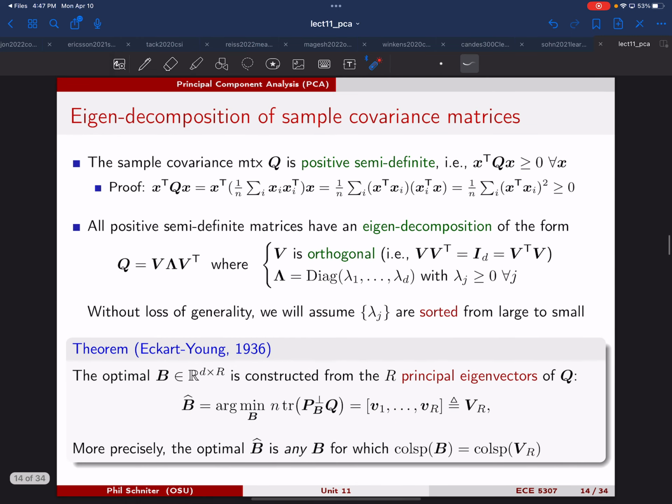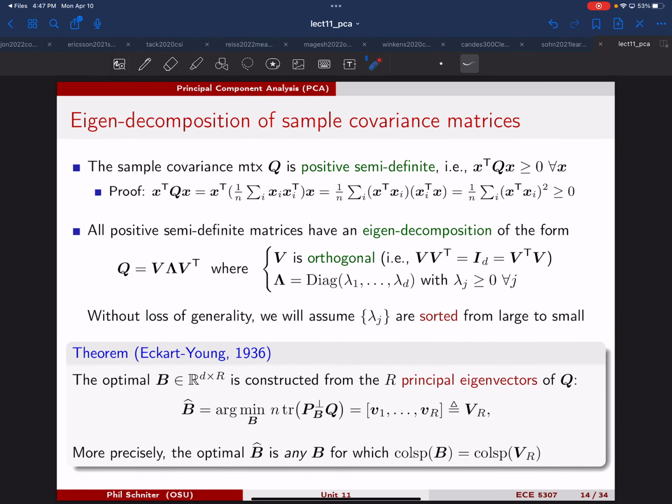Okay. So a few important facts about the sample covariance matrix, any sample covariance matrix, is that it's positive semi-definite. So what does that mean? It means for any vector x, you can dream up, x transpose Q times x, that's that quadratic form, can never be negative. This is what it means for a matrix to be positive semi-definite. We care about this because when we have a positive semi-definite matrix, then the eigendecomposition has a very particular form. Essentially, you can take that matrix and write it conveniently as a product of three different matrices.